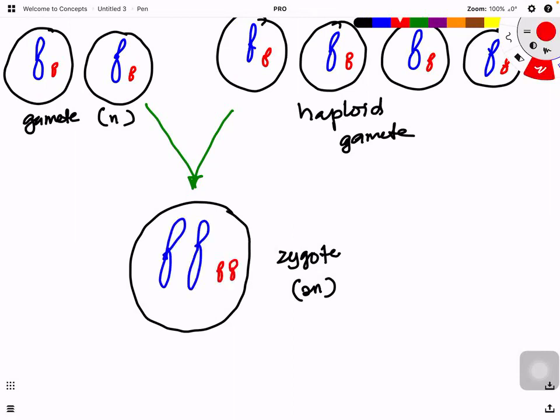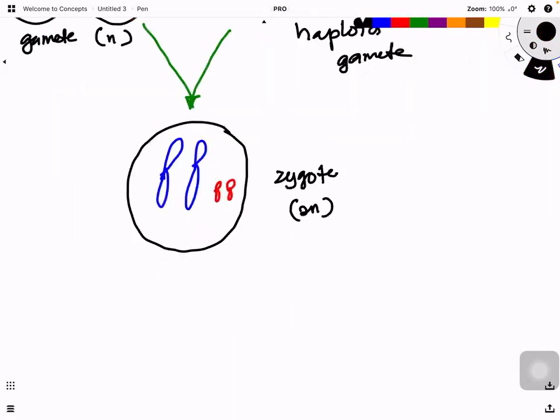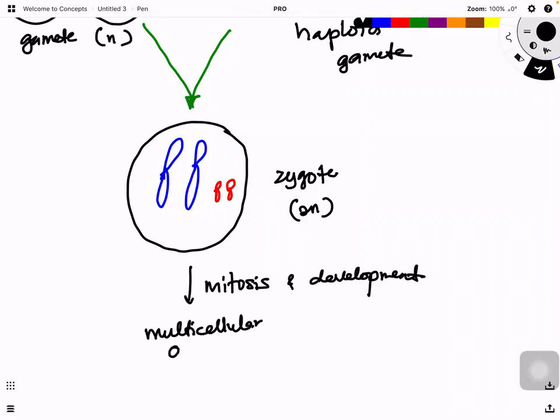Okay, clear? So the zygote will be 2N, and then mitosis and development take place, and it is going to develop into a multicellular organism.